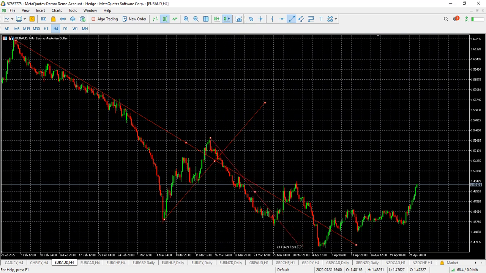Okay, let's get this smaller one here. You can see that most times the market presents a lot of trends on a lower time frame. These are our trends.